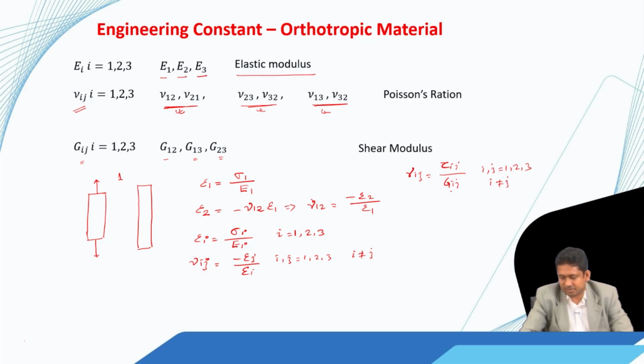Now, this is written in double index, that means when they are components of a tensor we write it in this way, but with Voigt notation we can write it like this.